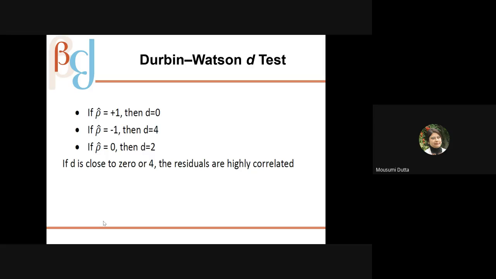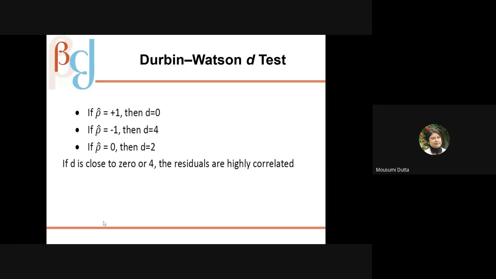For plus 1, the Durbin-Watson D statistic will be equal to 0. For minus 1, it will be equal to 4. And for no autocorrelation, it will be equal to 2. If D is close to 0 or 4, the residuals are highly correlated. And if D is close to 2, the residuals are not correlated.